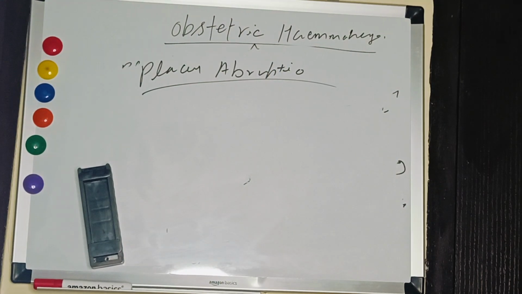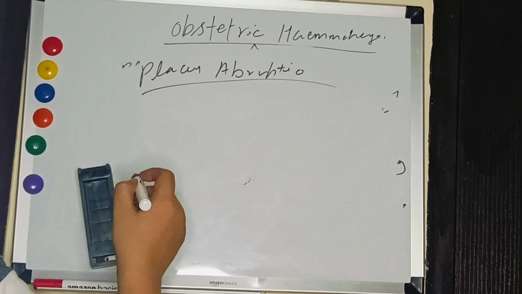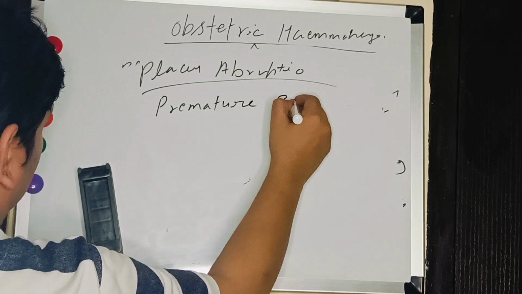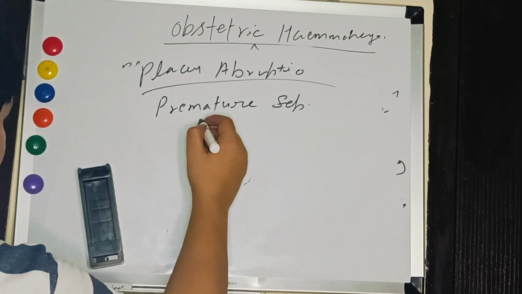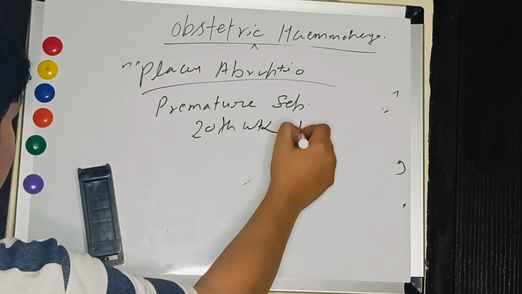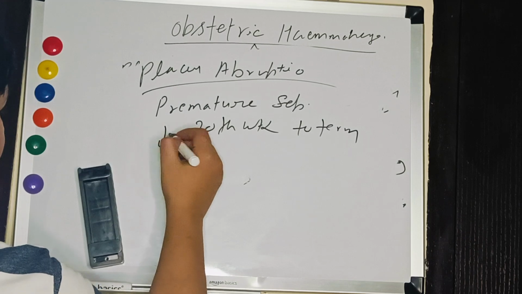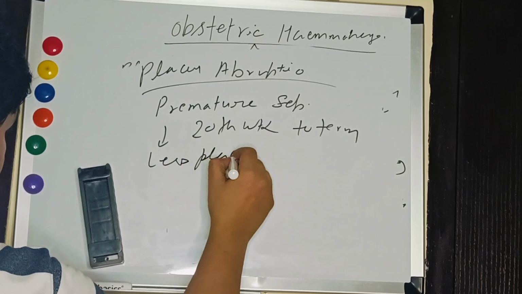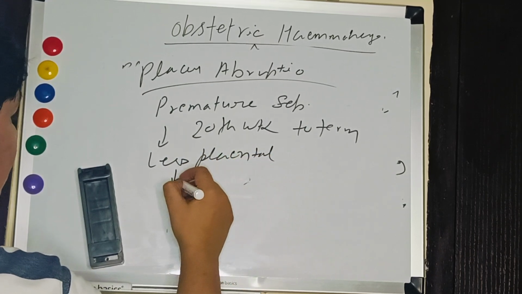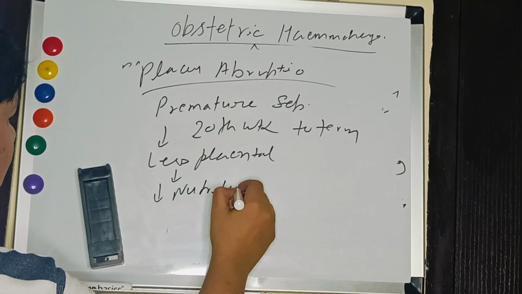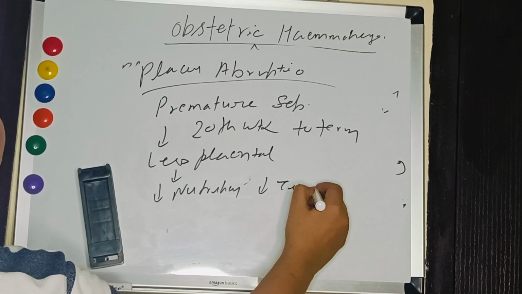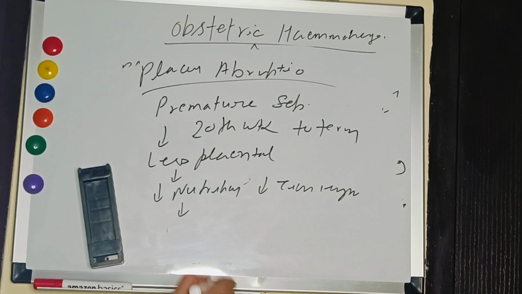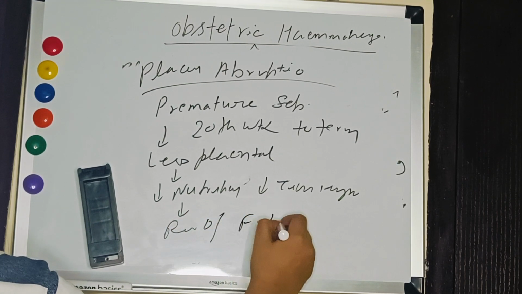It is the premature separation of the placenta between the 20th week and term, which leads to less placental coverage to the fetus, which leads to decrease in nutrition and tissue hypoxia in the fetus, which leads to risk of fetal loss.